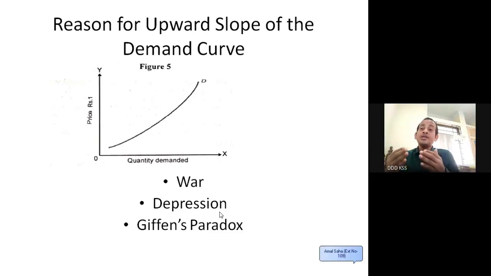Then companies who are doing business will be bound to lay off or terminate employees. They may withdraw business from different locations. And due to this, purchasing power of the consumer usually goes down during the depression phase of the economy.